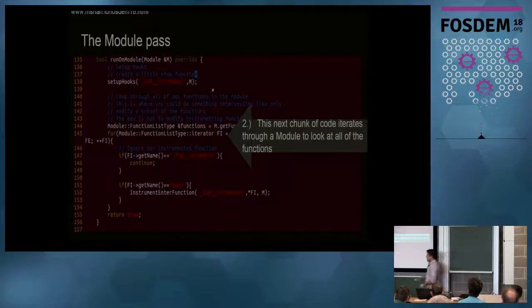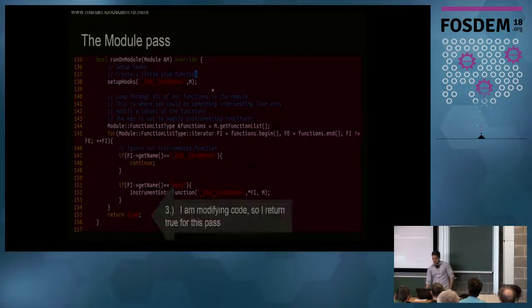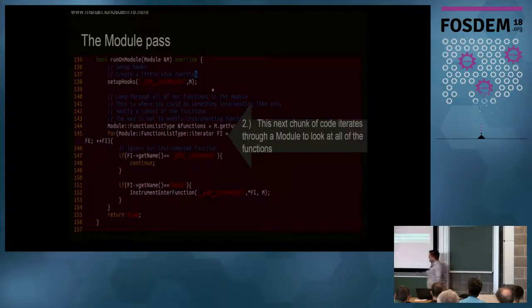The next chunk of code, what this block is doing, since we're in a module, just like we iterated through basic blocks and instructions before, a module has a collection of functions that I can iterate through. So that's what it's doing here. Going to look through all the functions. And what it's doing in this code is, first, I'm ignoring my instrumented functions if I run into those.